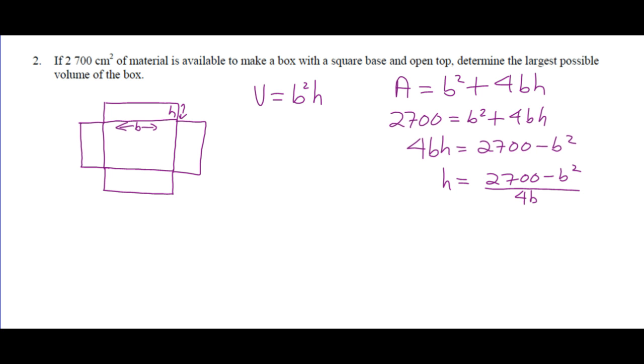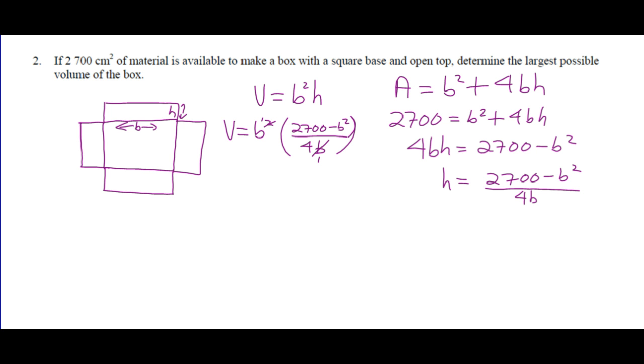So now we can go over to our volume expression. We can plug in. So V is equal to B squared times (2,700 minus B squared) over 4B. So we can cancel a B out, right? Now we can multiply this out.